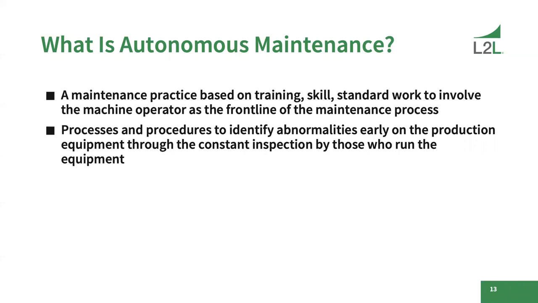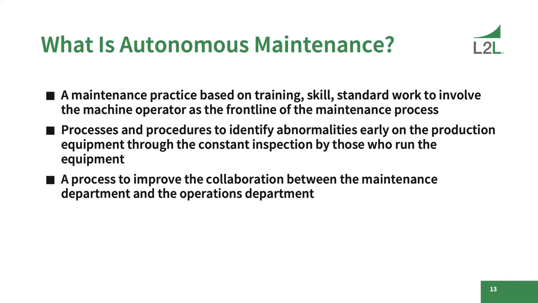So autonomous maintenance is giving them the skill and the ability to be that frontline eyes and ears as well, right? And it really is a process to improve the collaboration between maintenance and operations, because everybody's working towards the same goal.